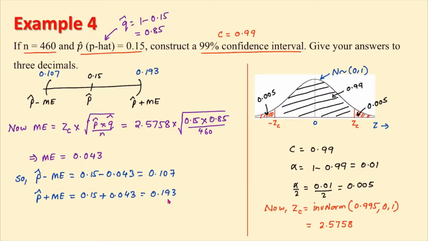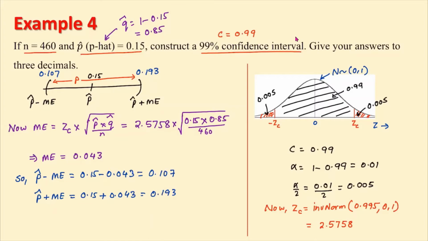Meaning of that is, we can say that the true population proportion P lies between 0.107 and 0.193, and we can say that with 99% confidence.